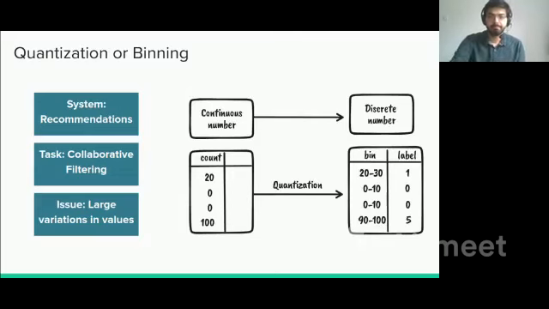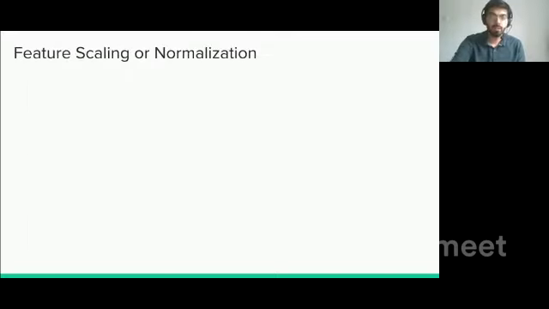Okay, and I will move on to feature scaling or normalization. This is a continuation of the previous idea where you want to scale your features when they go out of hand, when there are different kinds of features that have a lot of range in values. So you would want to do this to contain them.